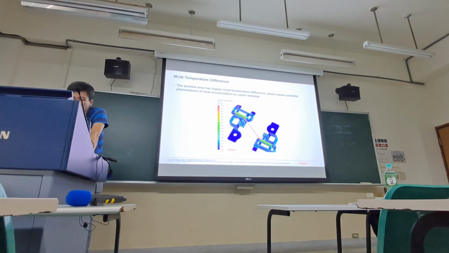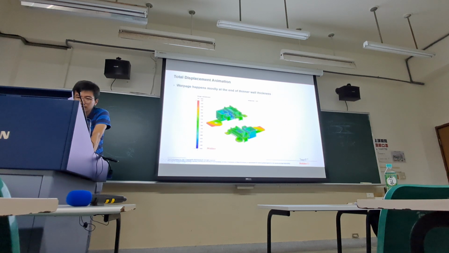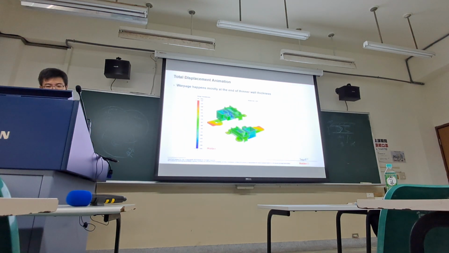And this result shows you the difference is higher than 10 degrees Celsius. So these are the hot spots. And then this part is going to shrink inside the mold or after opening the mold.